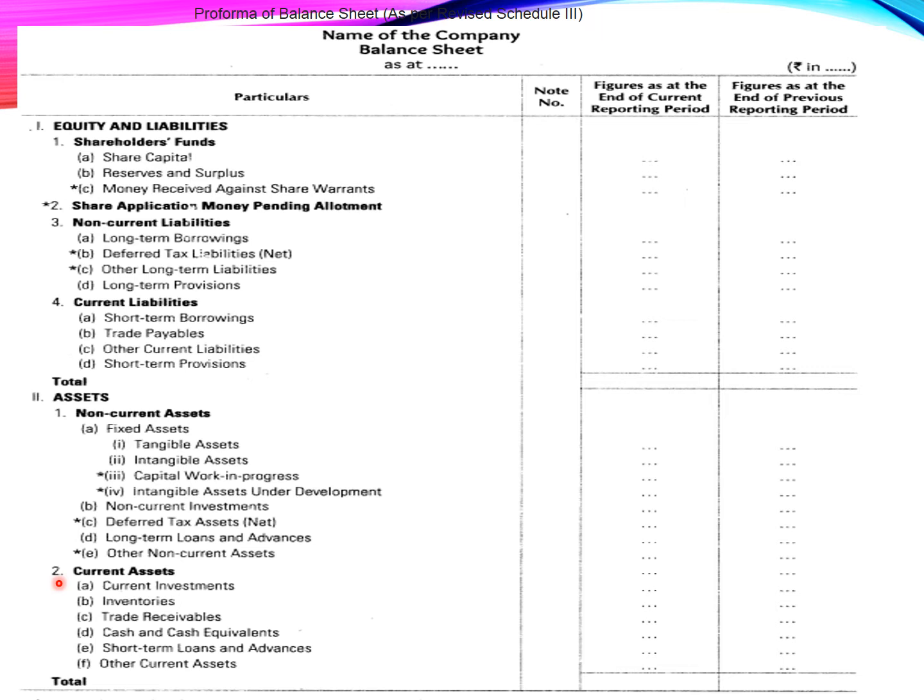Then it is short-term loans and advances. And finally, it is other current assets. Students have to make a note, we cannot change the order of these liabilities or assets. Its order is fixed and we have to prepare strictly according to this format.